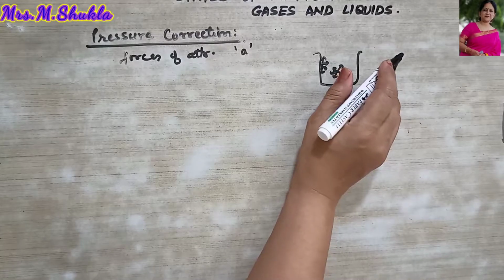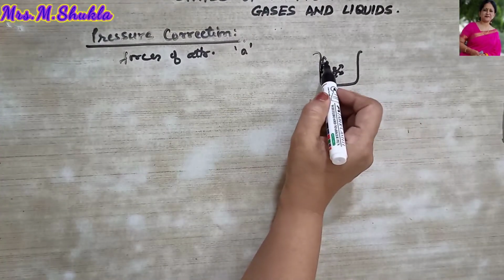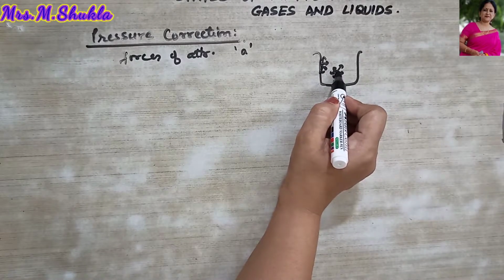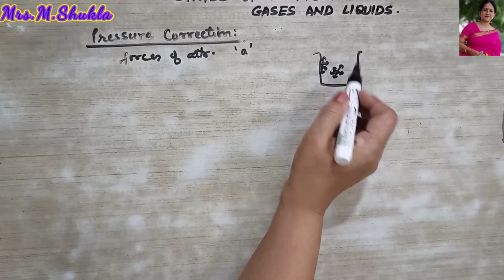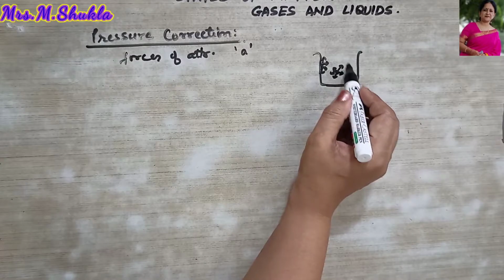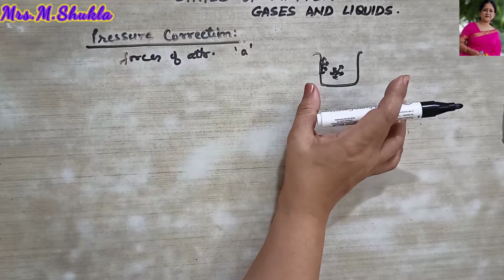Is this point clear? Thus the expected pressure should be less where? On the molecule which is striking the wall, rather than the molecule which is found inside, in the center of the container.